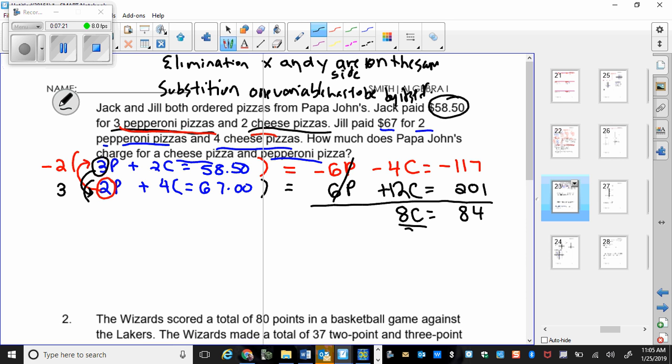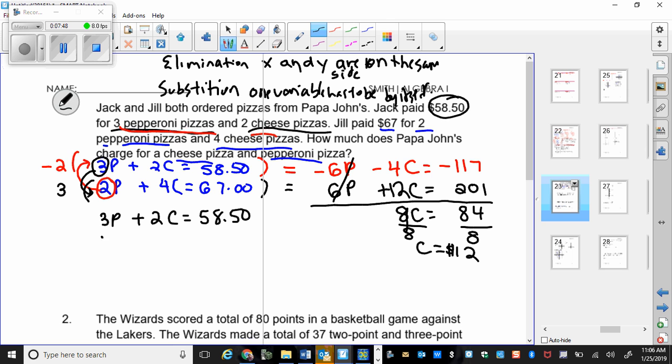I divide both sides by 8, and I find out that cheese pizza costs $12 a piece. So now I just need to find out how much pepperoni pizza costs. So I'm going to pick the first equation, my original equation. We have 3P's plus 2C's equals 58.50.